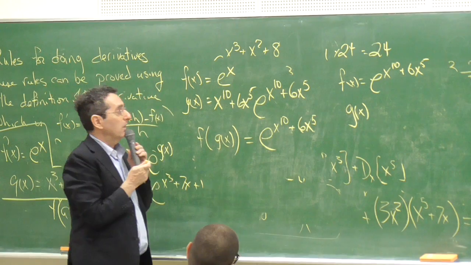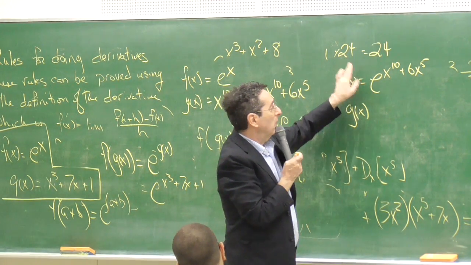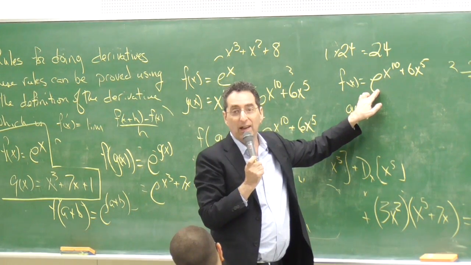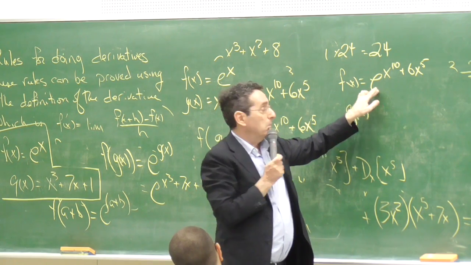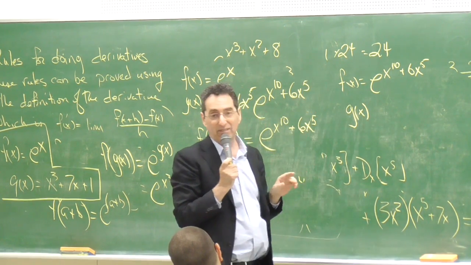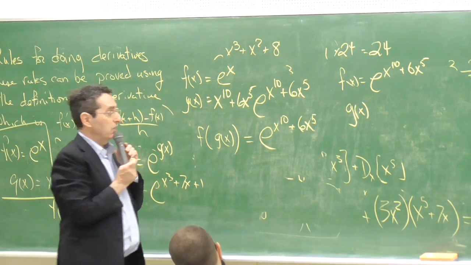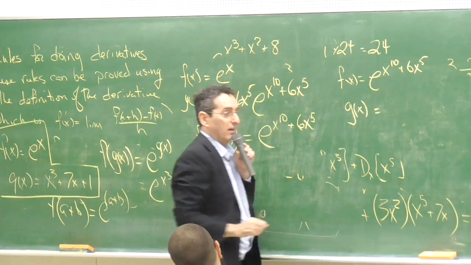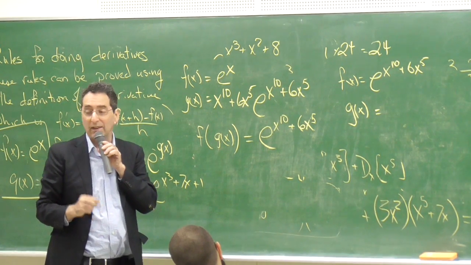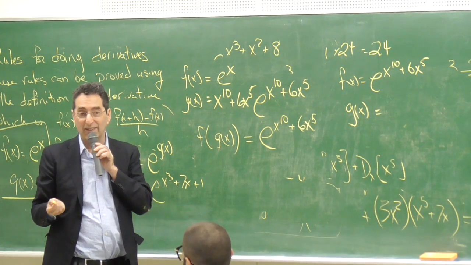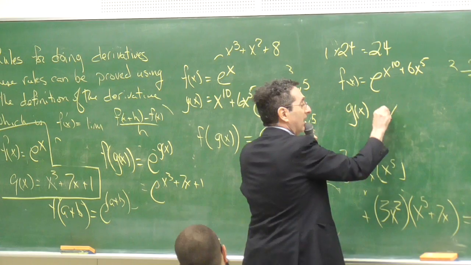The 24 is the analogy to this, but what's the analogy to 1? That's a little tricky. G of x is equal to what? You might think it's 1, but it's x, right?